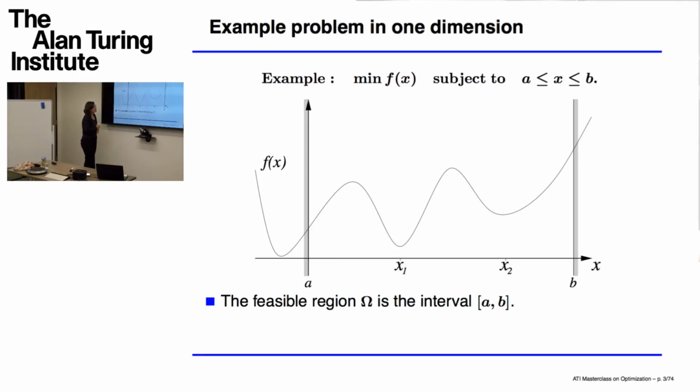Do I see any other points that may have a connection to minimizers? I'm waiting. X1 I've talked about, X2 I've talked about. Yes? Well, the slope of the gradient goes to the left, near A on the boundary.